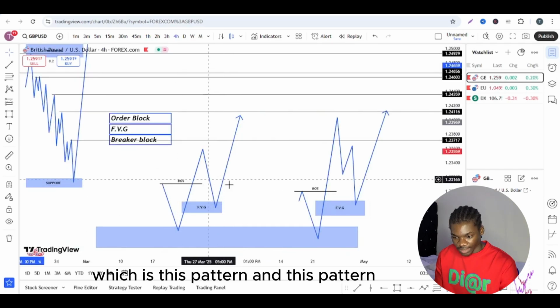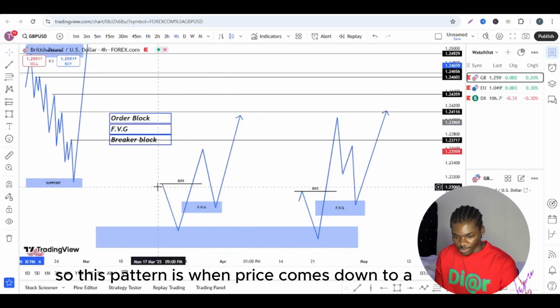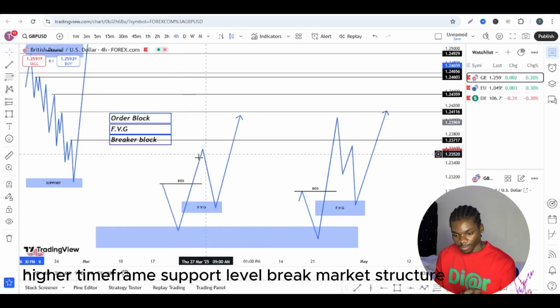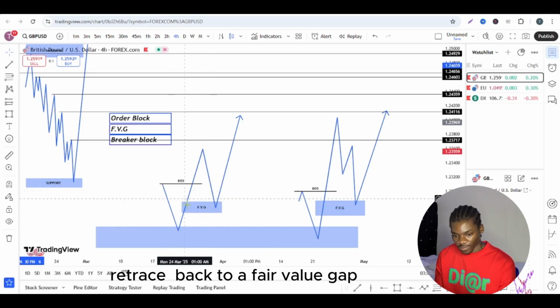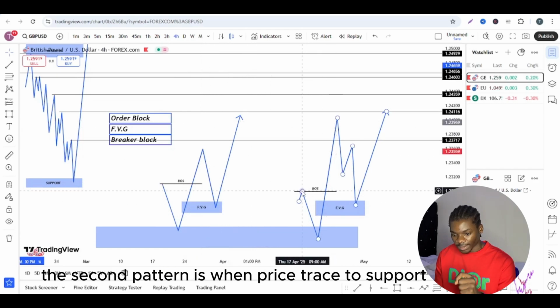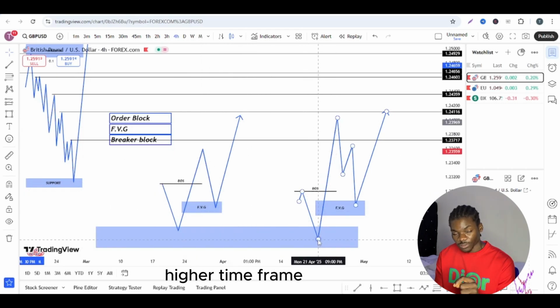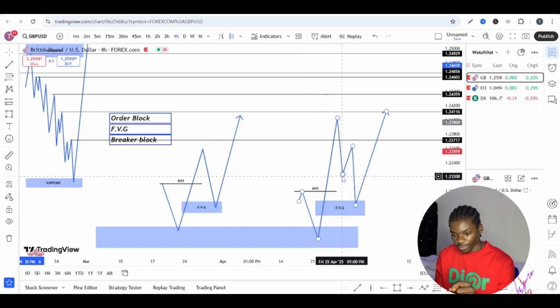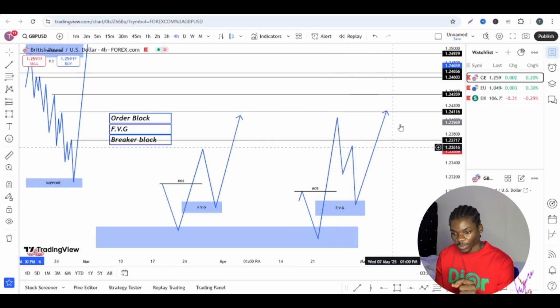The first pattern is when price comes down to a higher time frame support level, breaks market structure, retraces back to a fair value gap, order block or a breaker block, and rallies up. The second pattern is when price trades to a higher time frame support level, breaks market structure, comes down, fails to come down into a fair value gap, rallies up a little bit, then breaks the market structure and takes out liquidity, then rallies up.